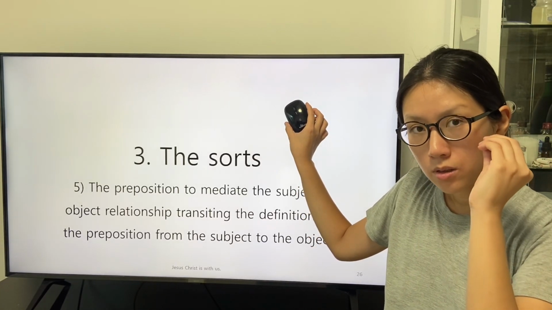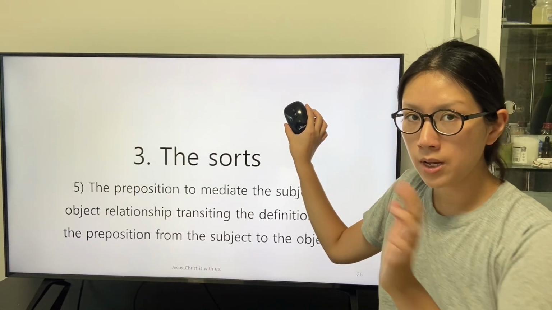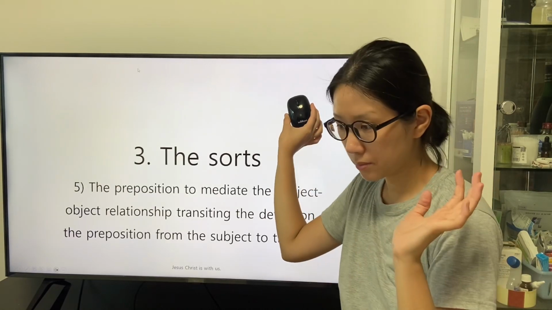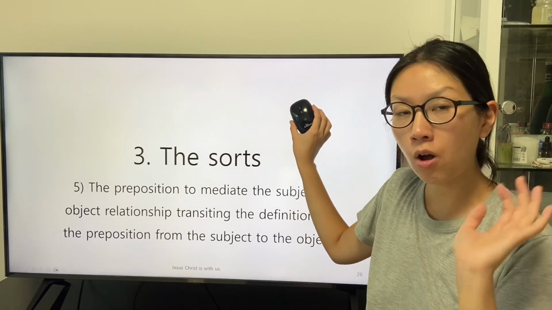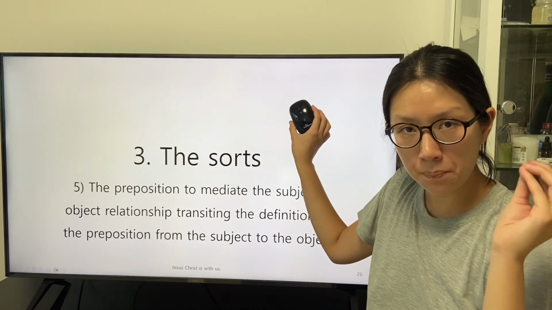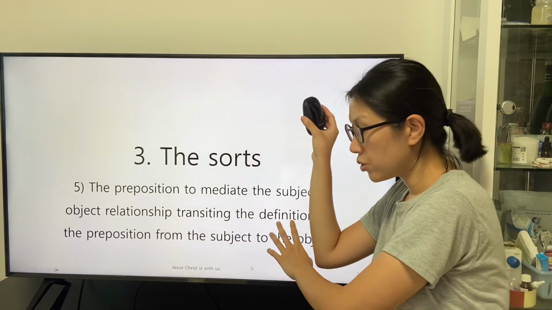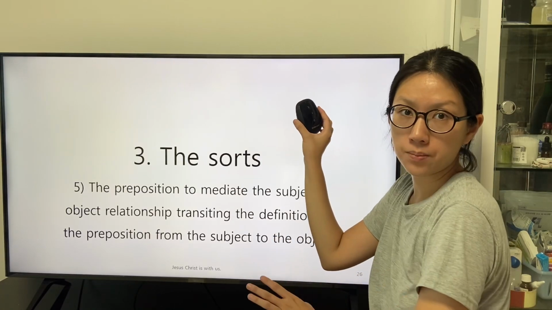And the definition of the preposition on starts from this as the subject of the preposition on, and the definition of the preposition on is delivered to the screen.